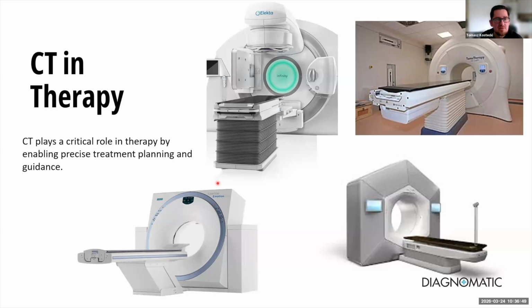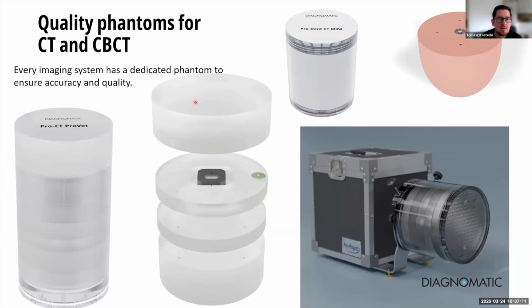CT in radiotherapy plays a critical role by enabling precise treatment planning and guidance. In the image, we can see quality phantoms for CT and CBCT. As there are many CT devices, every system has a dedicated phantom to ensure accuracy and quality.